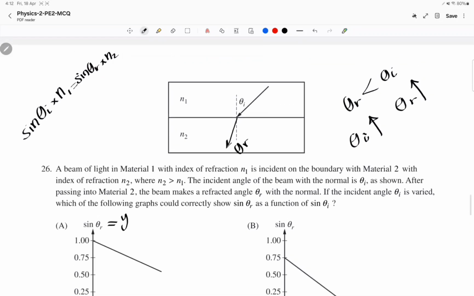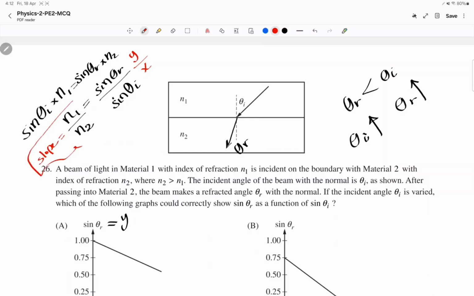So I will just say that sine theta r over sine theta i is equal to n1 over n2. So now it's like saying y over x is equal to the slope. So the slope is equal to n1 over n2.